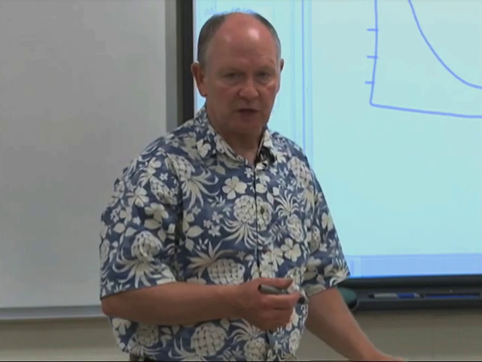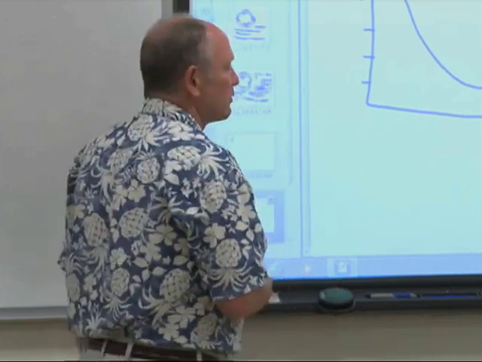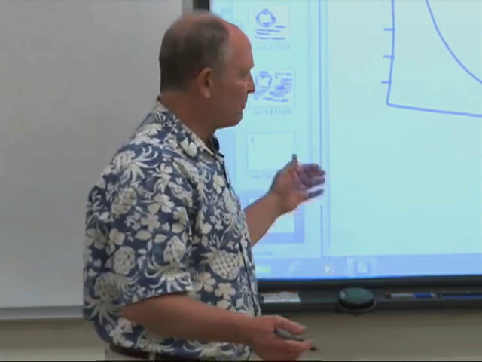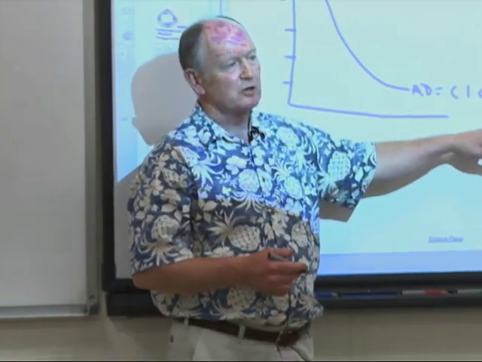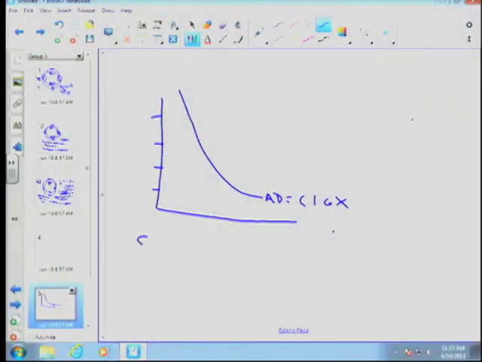Aggregate demand shifts out. If government cuts our taxes, we all have more money to spend. We buy more of everything. Aggregate demand shifts out. If the value of the dollar changes so that our goods become cheaper, instead of $1 equaling 2 foreign currency, it goes to $1 now only equals 1 foreign currency, what's going to happen to exports?